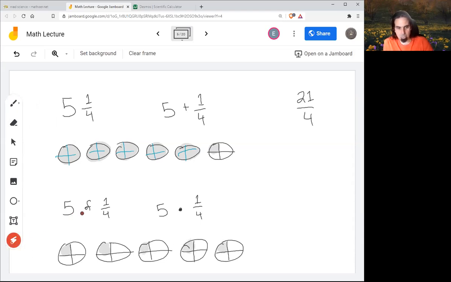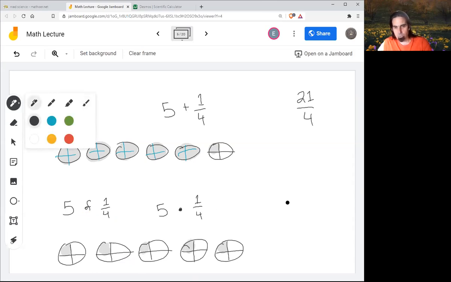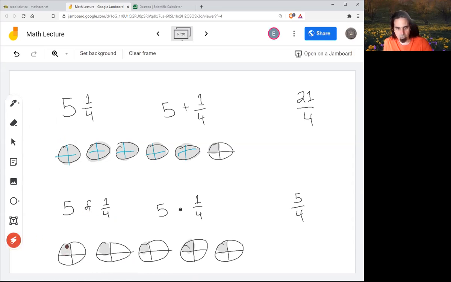So 5 copies of 1/4. Very different picture. And so that's why when I multiply, I put the 5 over 1, and I just get 5/4, because when I count them, 1, 2, 3, 4, 5, there's just 5/4. There's not 21 of them anymore.